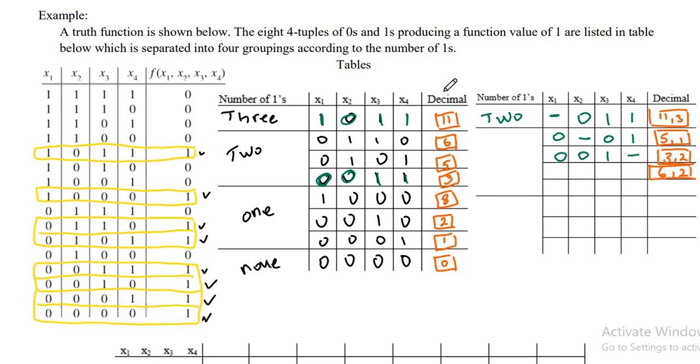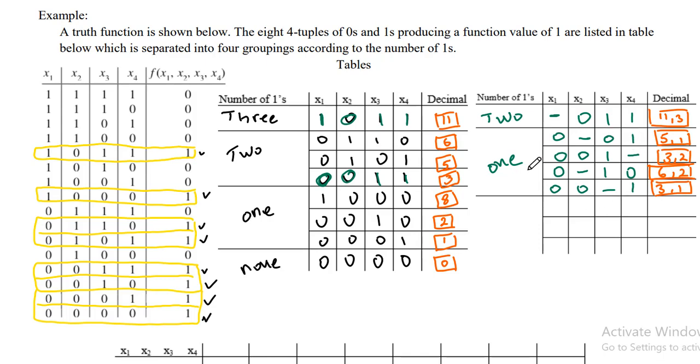So if you compare 6, which is 0 1 1 0, with the 2, 0 0 1 0, I see that this one changes, it becomes 0 dash 1 0. And then 3 and 1, which is 0 0 dash 1. Now we're done comparing the 2 and 1, and we minimize it to just 1 1 1.